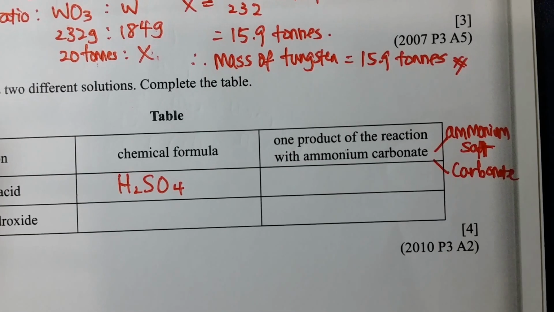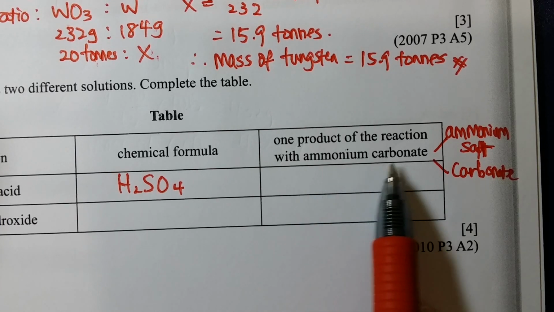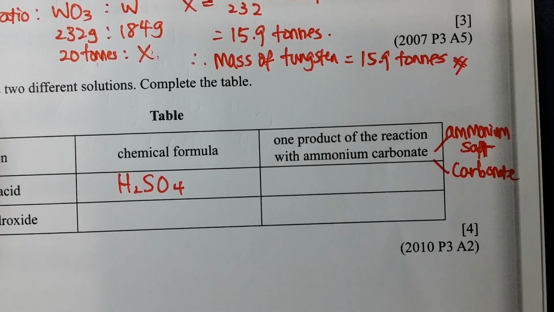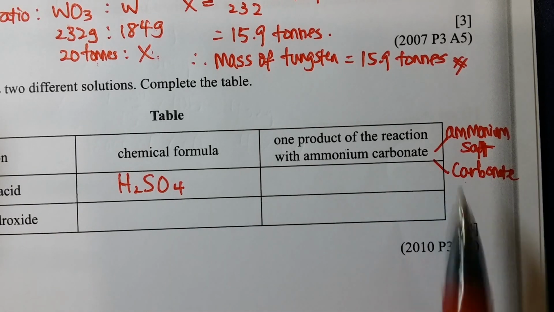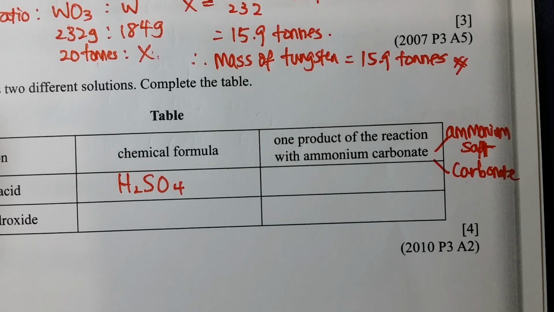You have to ask yourself, is there a reaction called acid and ammonium salt? Try to recall from your acids and bases chapter. Acid, ammonium salt: no, you don't have such a reaction. How about acid and carbonate? Yes. Acid and carbonate, you get a salt, carbon dioxide, and water.